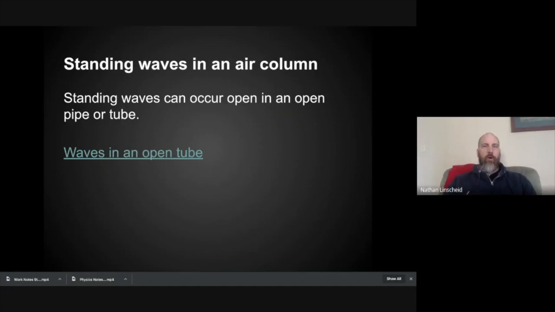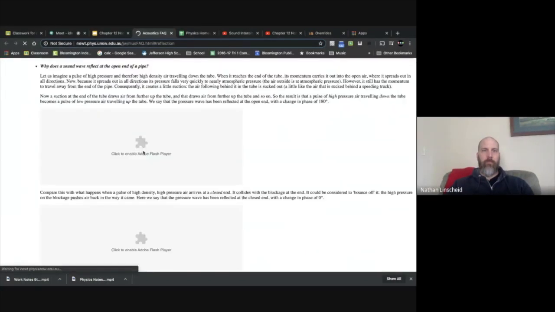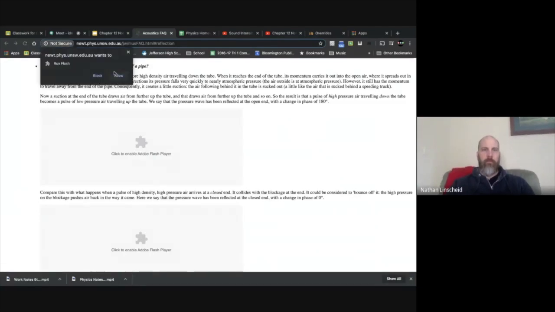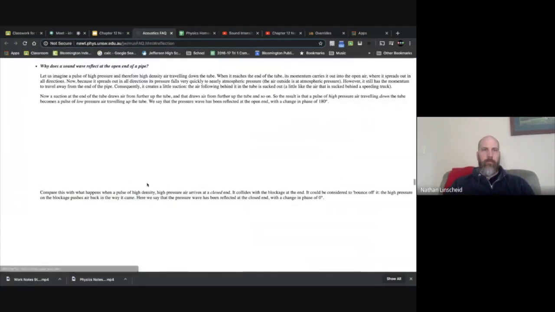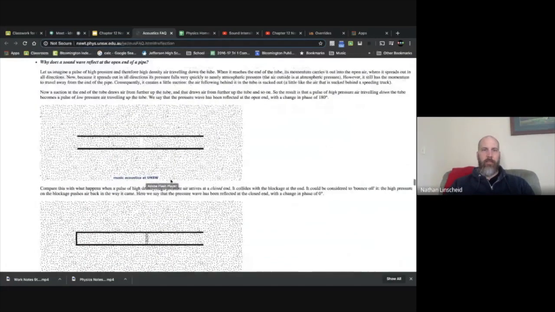V is the speed of sound in a string, L is the length of the string. Now, for air columns, like a pipe organ and that kind of thing, standing waves occur with sound, or with the particles of the air. If you open up this, it shows you the waves going back and forth. Maybe if you're using a Chromebook, it's going to tell you it can't do it because it's on flash.